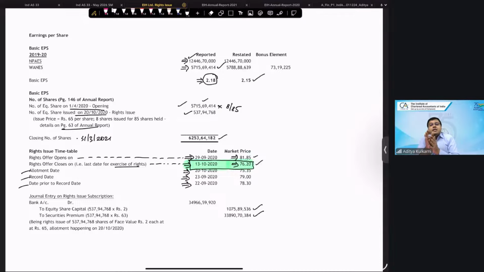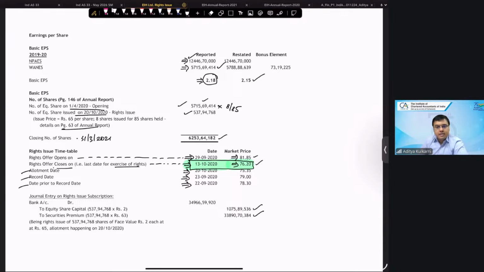So when we look at ex-rights price, we calculate the theoretical ex-rights price. Yes or no? We calculate using the market price just before the rights date. So which date are you going to take? You are going to take the market price on the date when the rights offer closes. On that date, the market price was 76.2. Allotment date was 20th October.